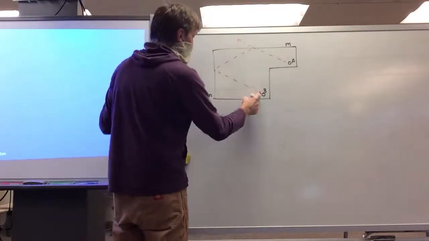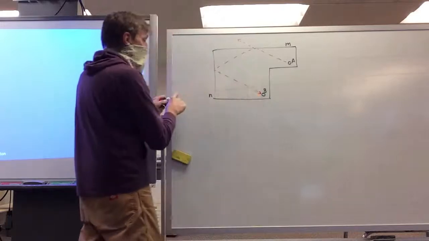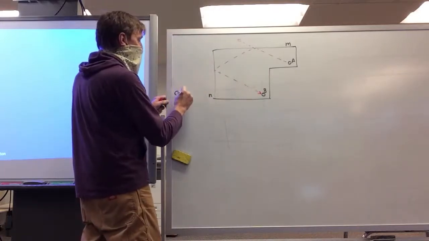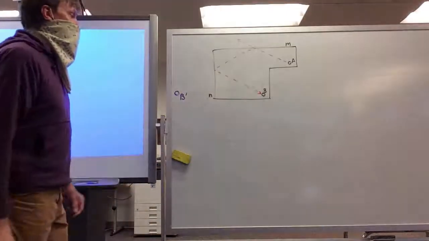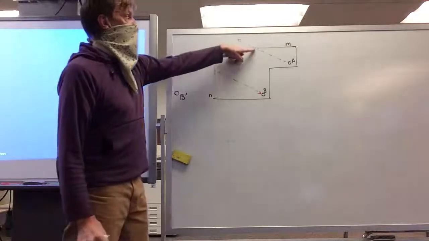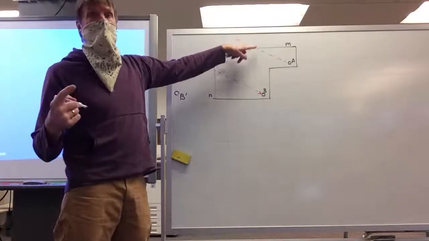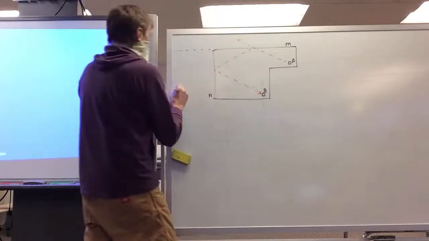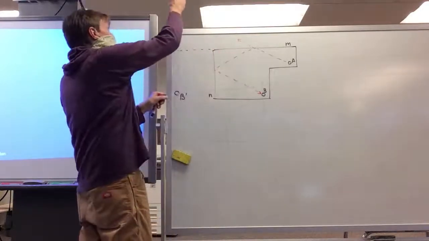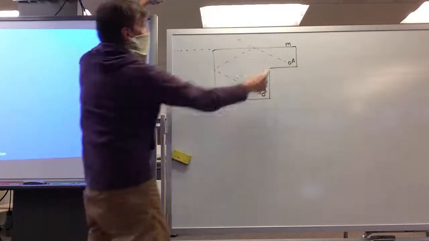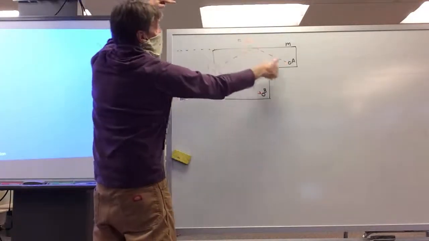If you reflected B over N to get B prime, and then go to the wall before that has to get hit, which is M, extend it nice and long, and then reflect B up over that. This point up here ends up being the target that you aim at.